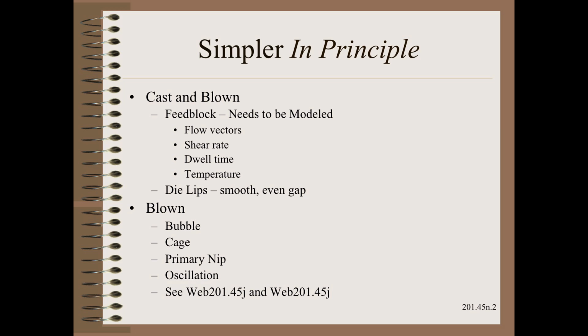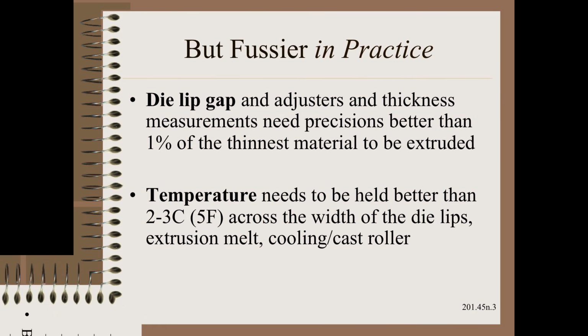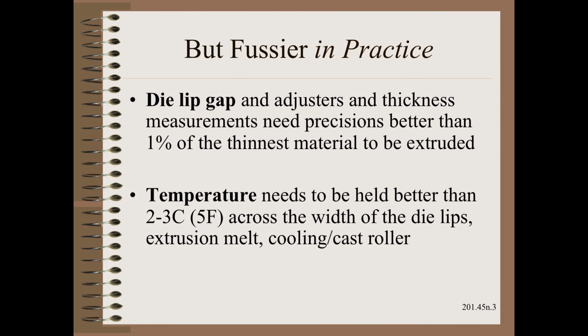While cast film has few forming elements, blown film has a few more, perhaps rivaling paper in simple count. We covered some of this in earlier clips in this series. Still, despite the higher parts count in paper, film has its challenges too.